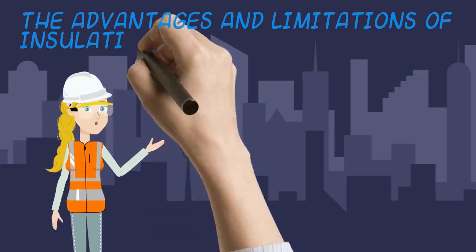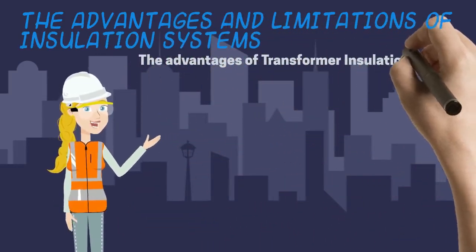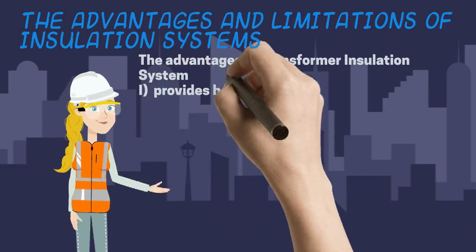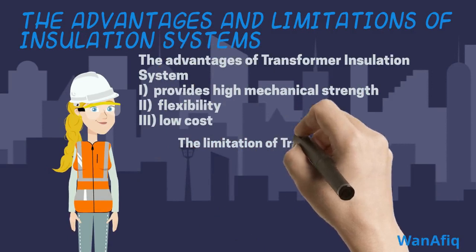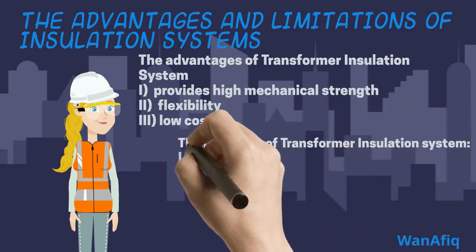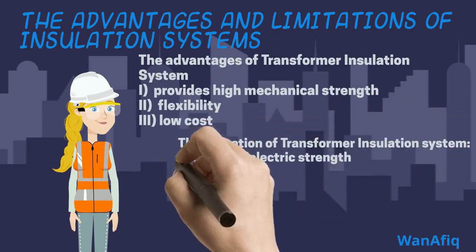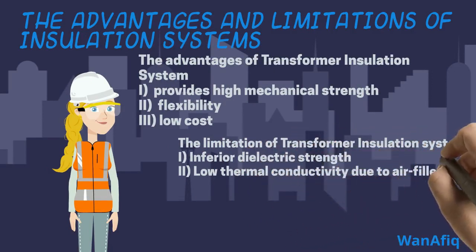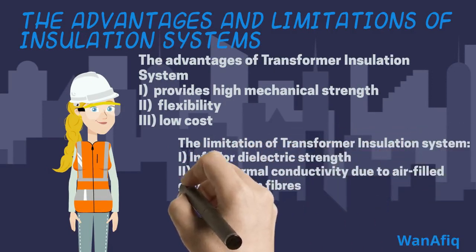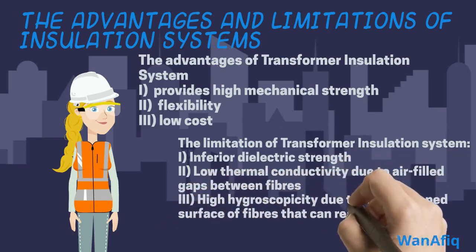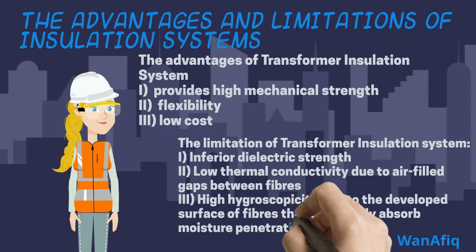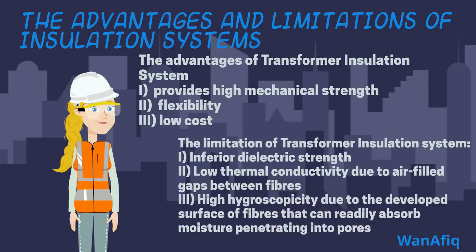For the advantage, it provides high mechanical strength, flexibility, and low cost. For the limitation, it has inferior dielectric strength, low thermal conductivity due to air-filled gaps between fibers, and high moisture capacity due to the developed surface of fiber that can readily absorb moisture penetrating into pores.